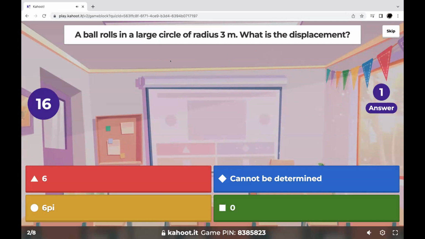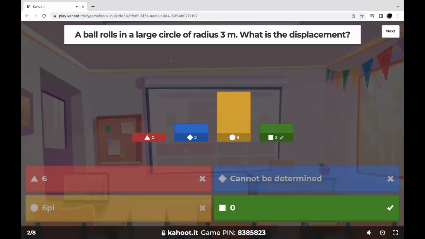It's just one complete circle, by the way. Don't get that confused. Once again, this is just one big circle.